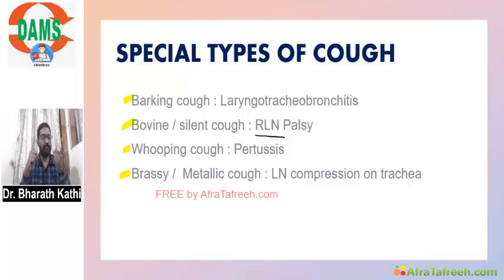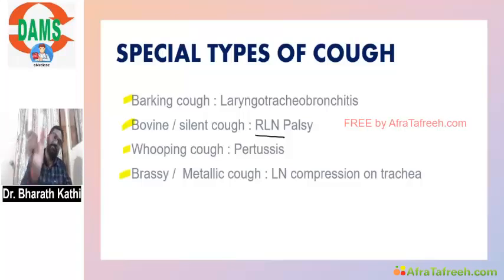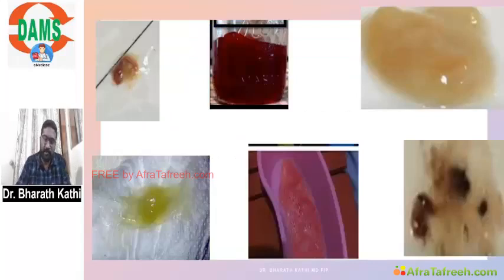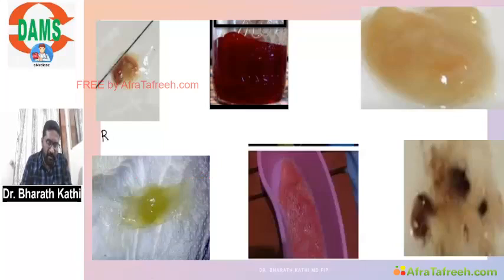Then once you are asking about cough, you should also ask about sputum. We have seen the causes of dry cough and the causes of productive cough. The color of sputum is very important because a few respiratory diseases have peculiar sputums. Now you answer me, this is a red rusty sputum. The examiner will ask you, what are the conditions associated with red rusty sputum?